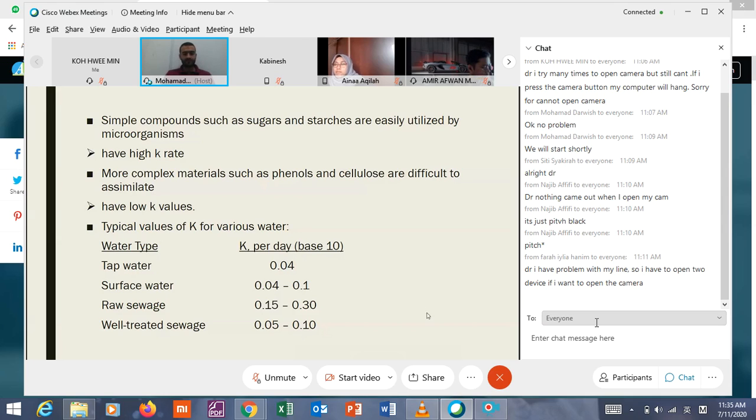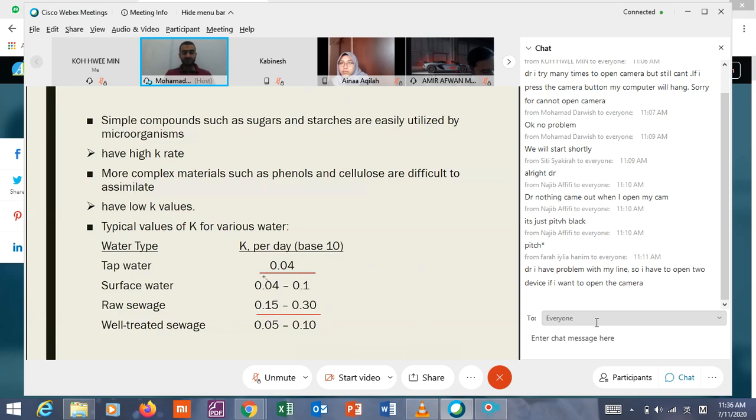Now, according to the type of wastewater, we also have different K rates. For the tap water, you can see that the K is 0.04, while for example for the raw sewage it is much higher, which is 0.15. So can you guess why this difference between those two types of water?